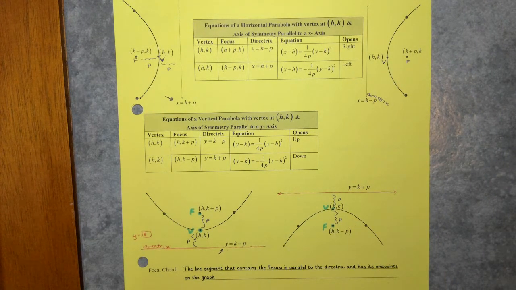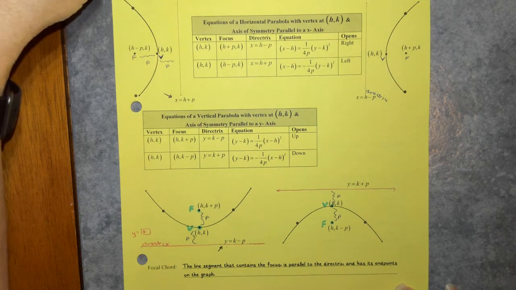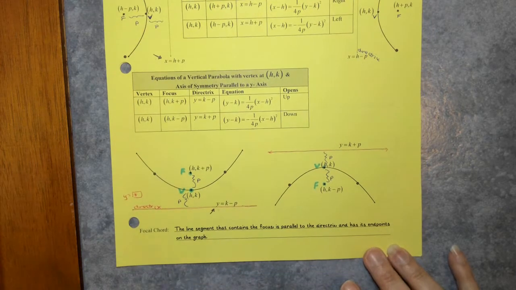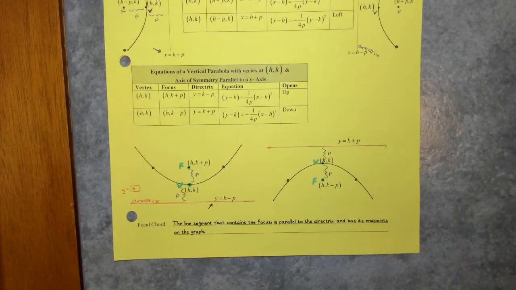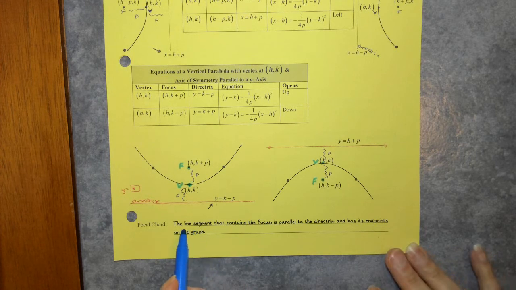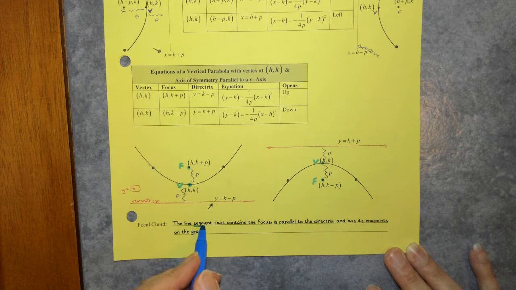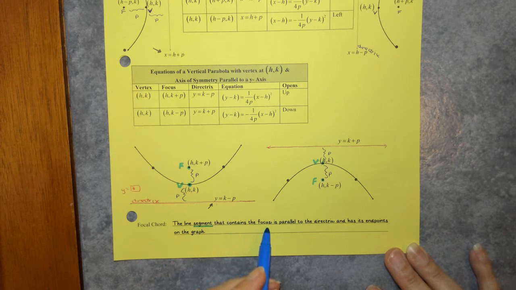Now there's one other thing. If you're carefully noticing these notes near the bottom, you'll see another definition, and that definition is for something called the focal chord. It says it's a line segment. Segment means it starts and stops, in case you forgot that from geometry. It contains the focus, which means it goes through the focus, and it's parallel to the directrix.